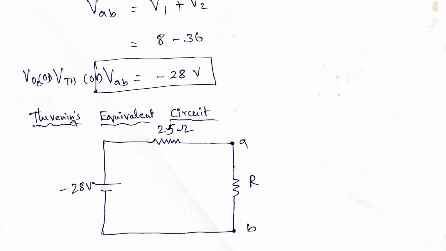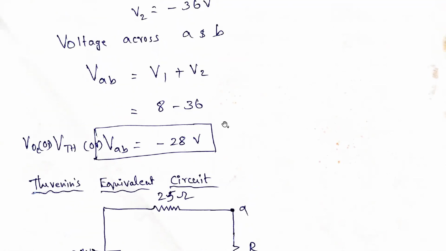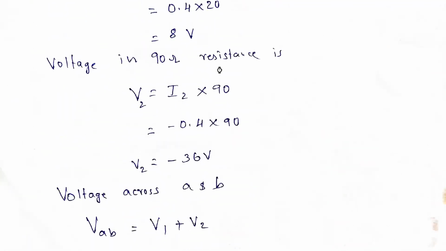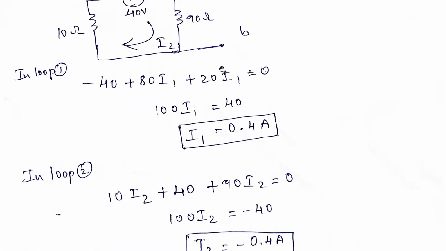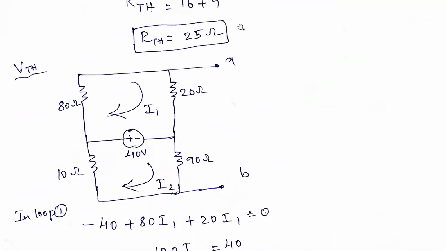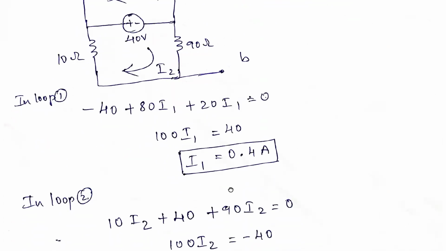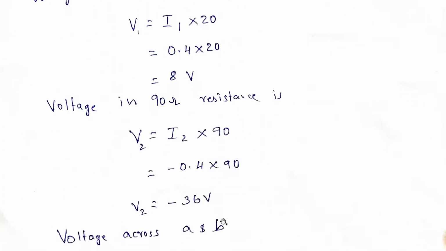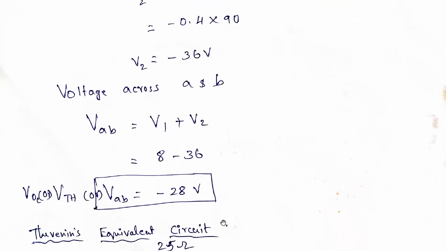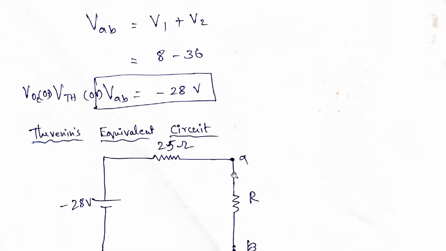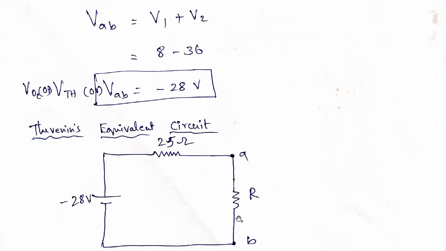Now we are drawing the Thevenin's equivalent circuit, that is a minus 28 volts source in series with the RTH. RTH we already calculated as 25 ohms. We are simply substituting RTH here, and the open circuit terminals A and B, that resistance also we are adding over here.